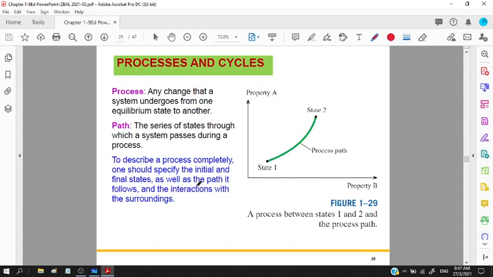So this is a change of state from 1 to 2, and these states must be connected by a process path. If there is no path, this is not called a thermodynamic process. State 1 usually refers to the initial state, and state 2 is also known as the final state.